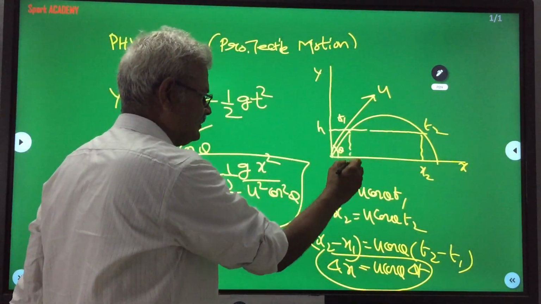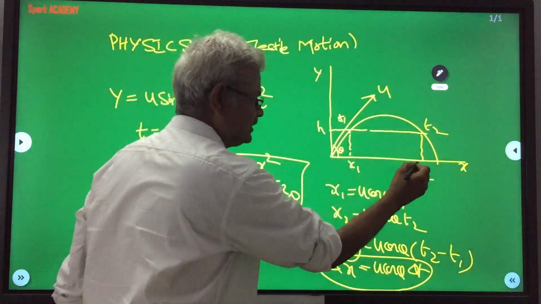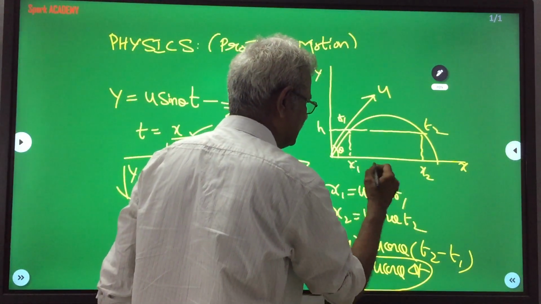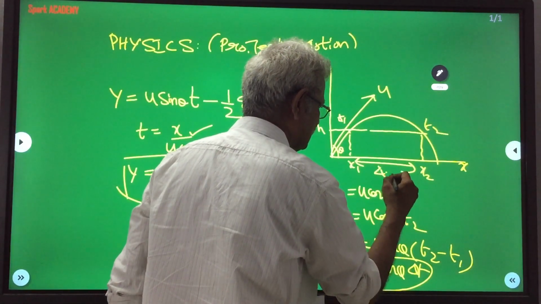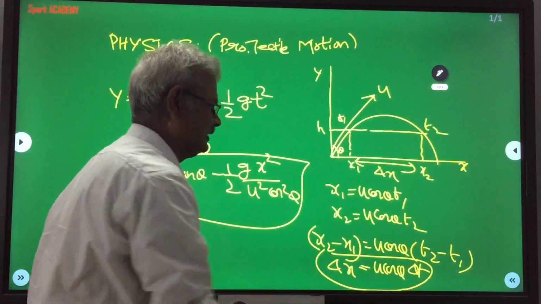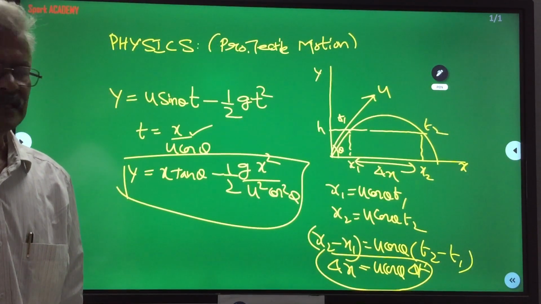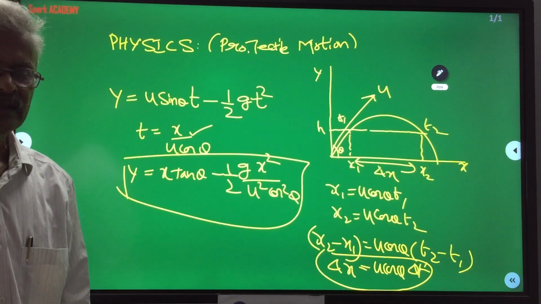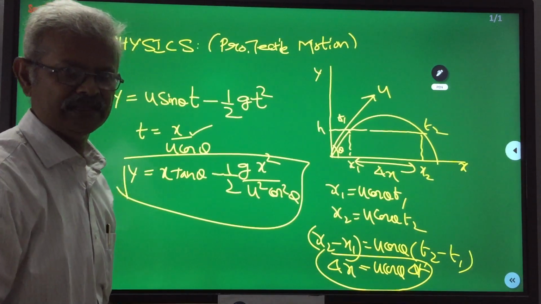So x1 is equal to u cos theta into t1, x2 is equal to u cos theta into t2. What is the time interval it takes to come to here? Delta t is t2 minus t1. That's it. Clear? I am wrapping this up. Okay.